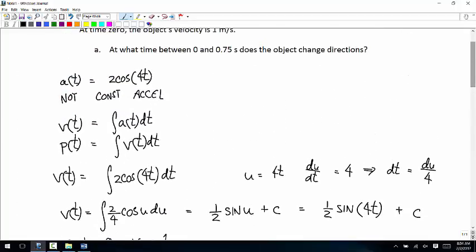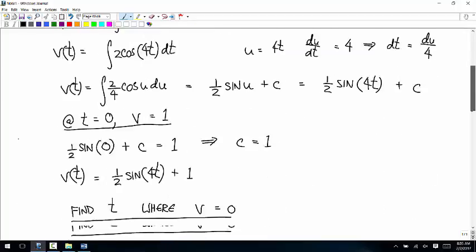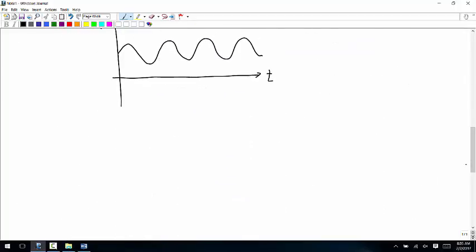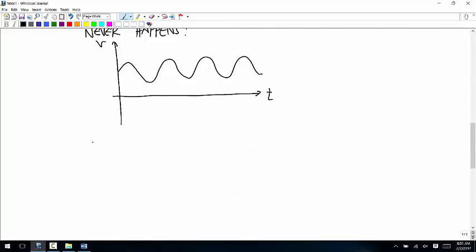If I had happened to make this acceleration function like 4 cosine 4t, then we could have found it. Or if I would have changed the boundary condition to something else, we could have found it. Let's do that. So how about this?